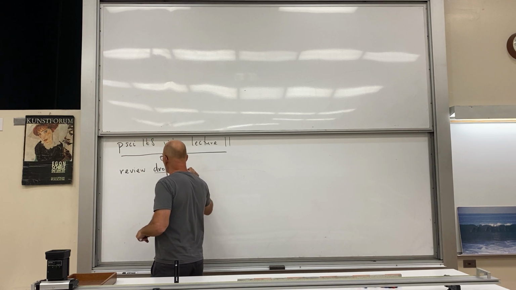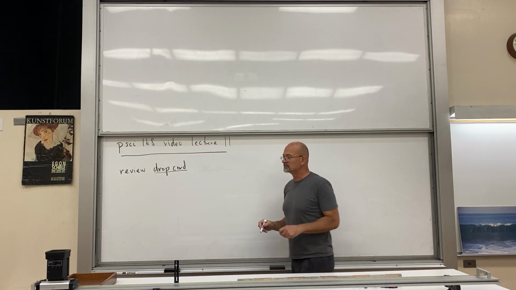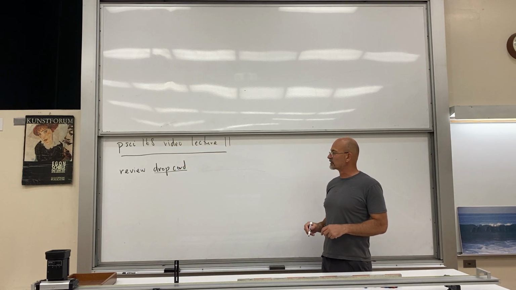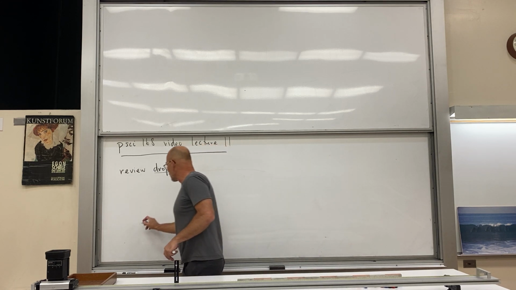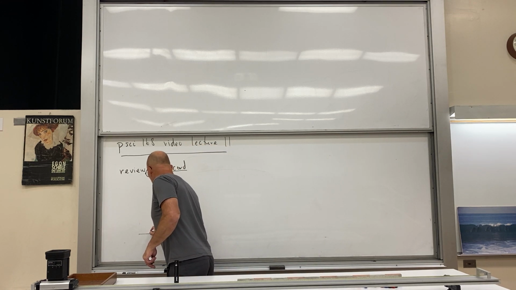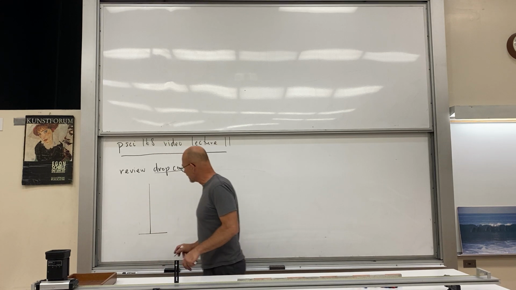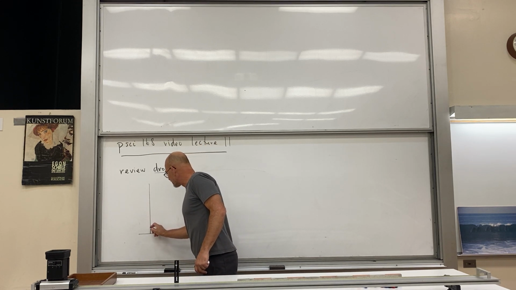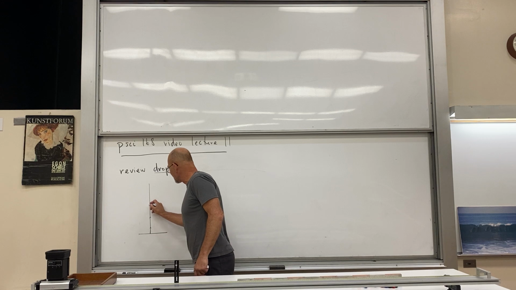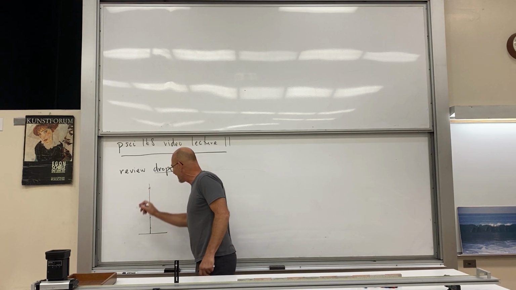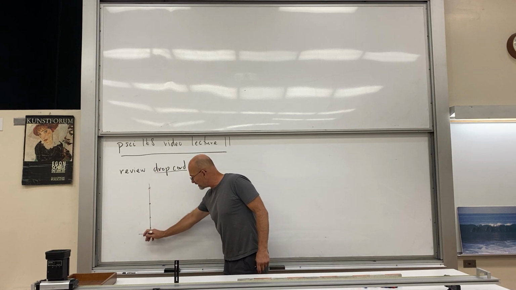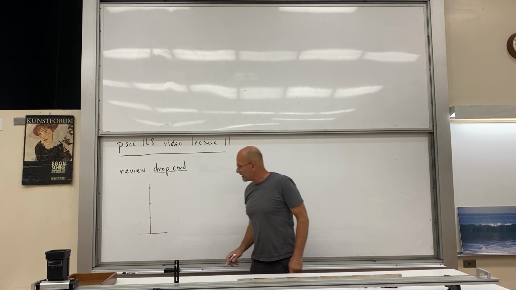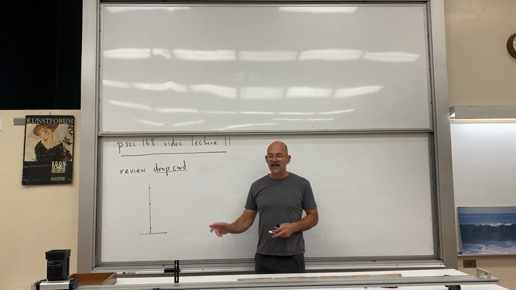So the drop chord, which I recommended that everybody try and construct and figure out. The drop chord was a chord that fell on a sounding board, and it had some clips attached to it at a very special spacing, so that when the clips fell onto the sound board, the rhythm was even.